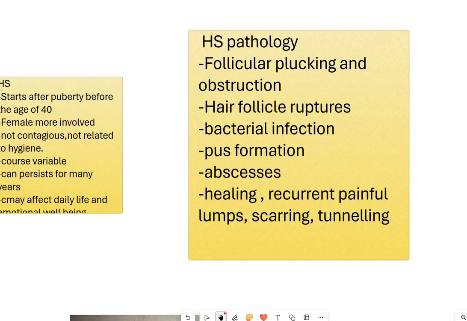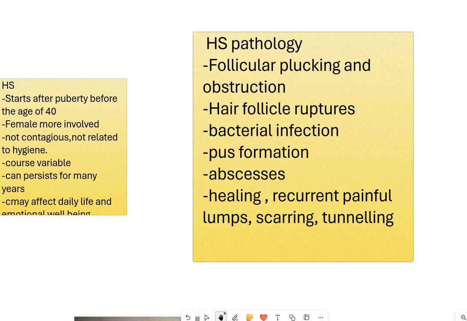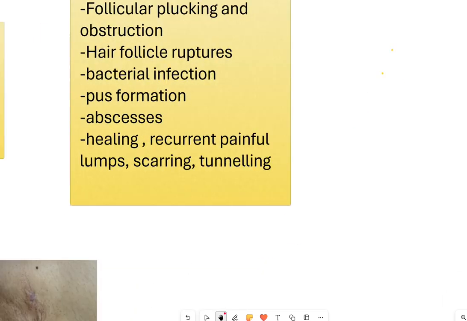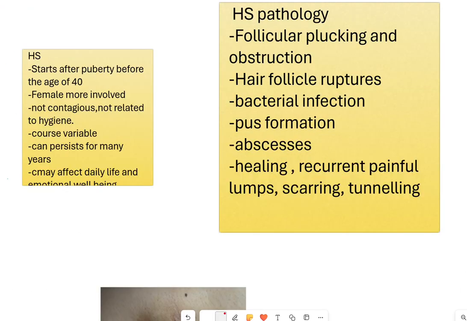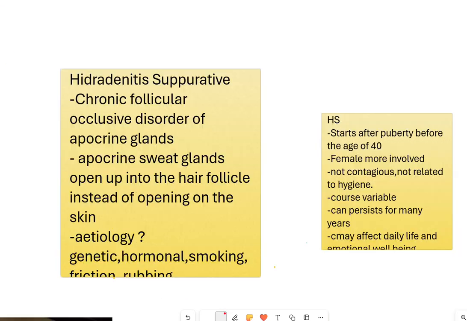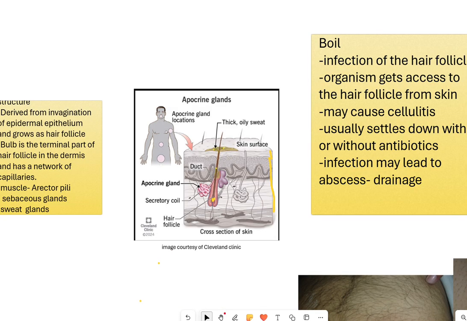There is healing, recurrent painful lumps, scarring, and tunneling. All this sequence is because of repeated infection. So there is blockage of the hair follicle and blockage of the sweat gland, and there is rupture of the hair follicle, rupture of the sweat glands, and this leads to abscess formation, recurrent abscesses.